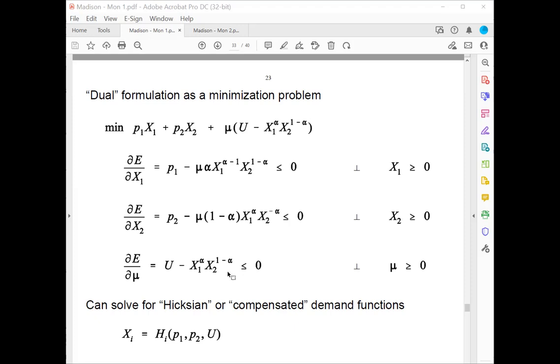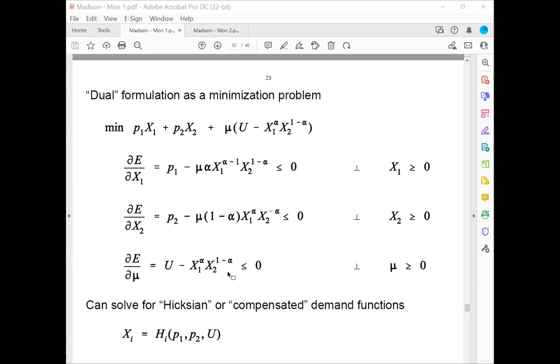And the other nice thing about this is the Lagrangian multiplier has an interpretation as the consumer price index. So mu here is how much extra you would have to spend to get one more unit of utility. So it's the consumer price index. It's the cost of buying one more unit of welfare.